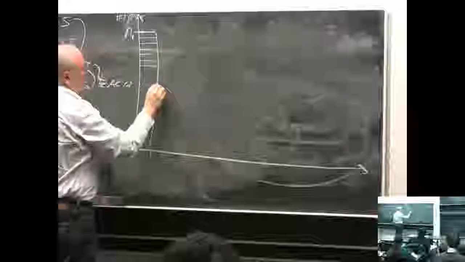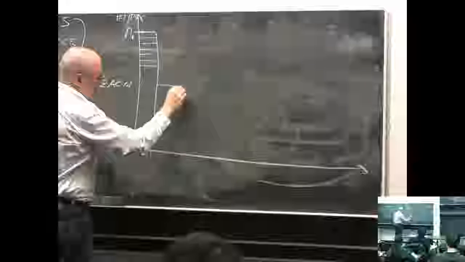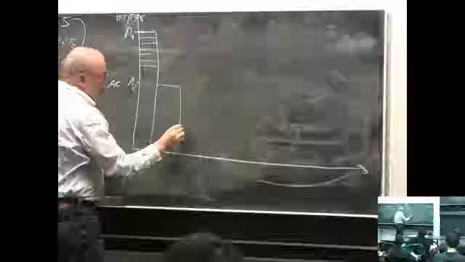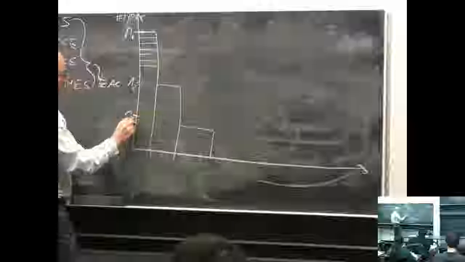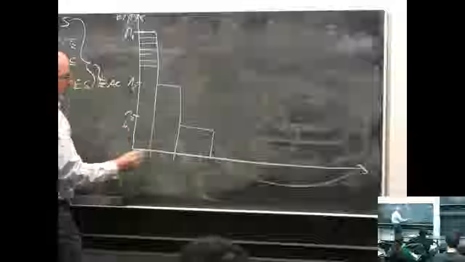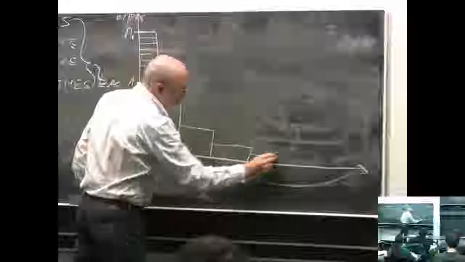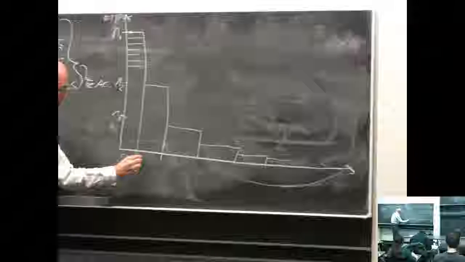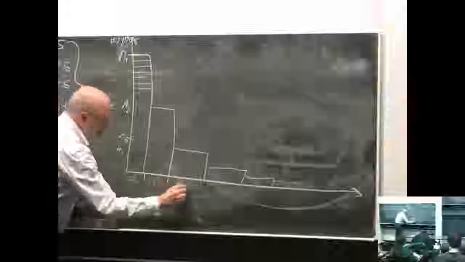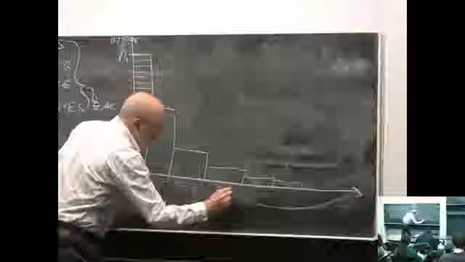And here would be n sub 2. And here would be n sub 3. N sub 4, so forth. Here the count is 1, here the count is 2, here the count is 3, this count is 4.